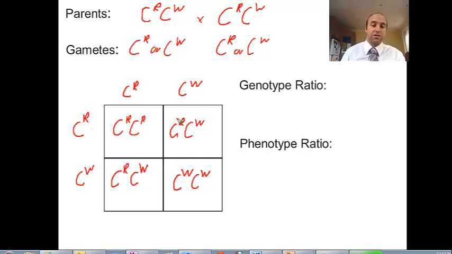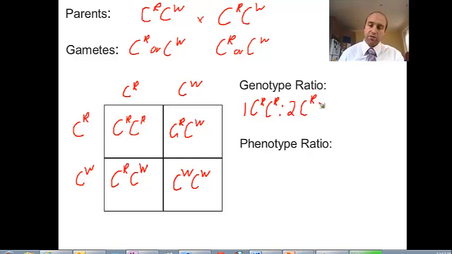Here in my heterozygous individuals, I've chosen to write the red first and the white second, and that just makes it a bit more consistent for me. I translate these individuals now over to my genotype ratio. I'm going to have 1, which is homozygous for red. I'm going to have 2 individuals which are heterozygous.